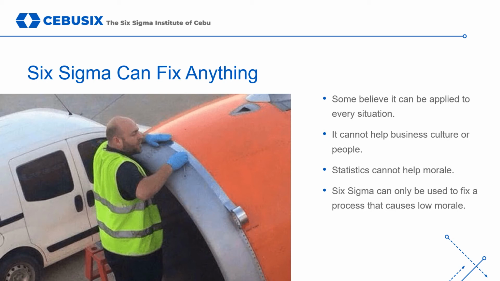If morale, for example, or other human resources problems are at the root of an issue, then statistics cannot help. That is not to say that Six Sigma cannot help, because if that low morale issue is a direct result of a process that is difficult to work with or that is performing poorly, Six Sigma can be used to improve the process and thereby improve employee morale.